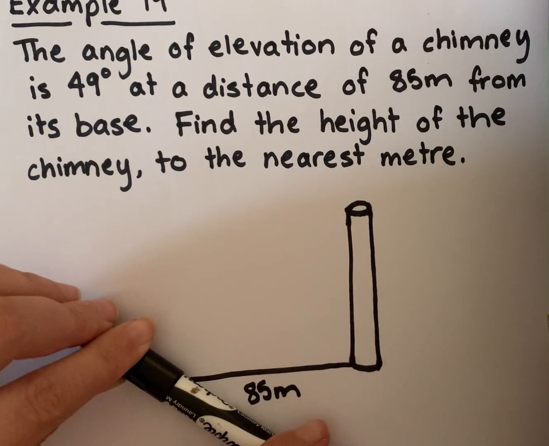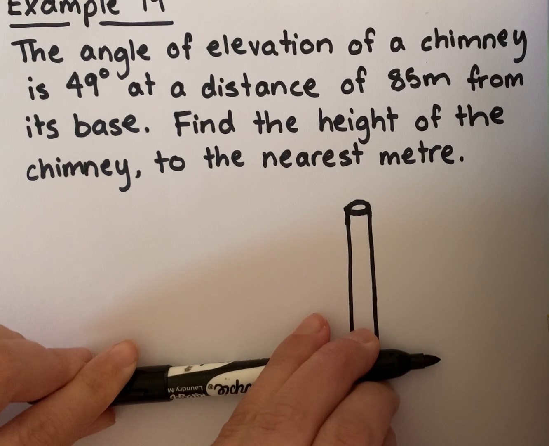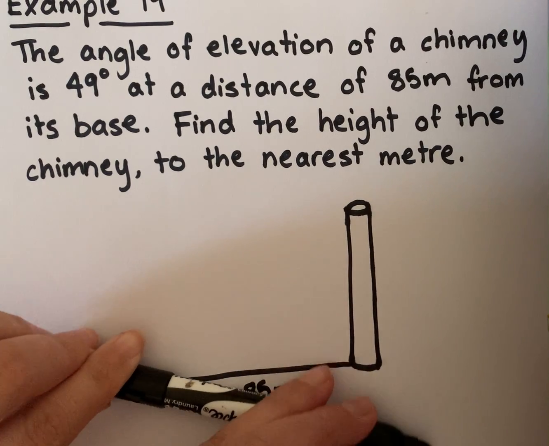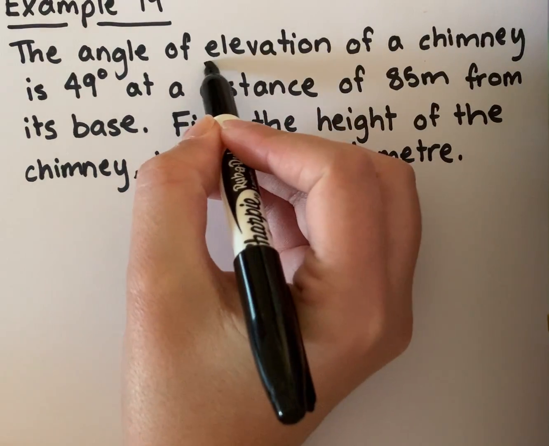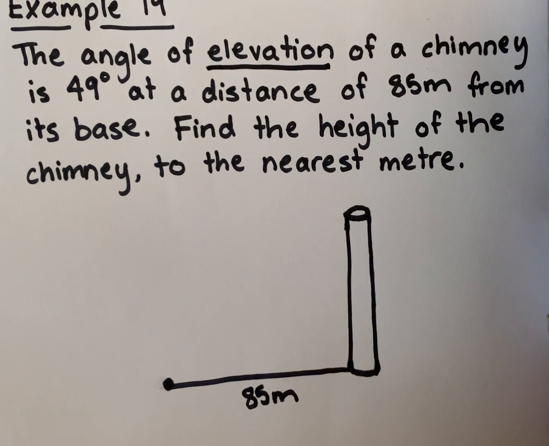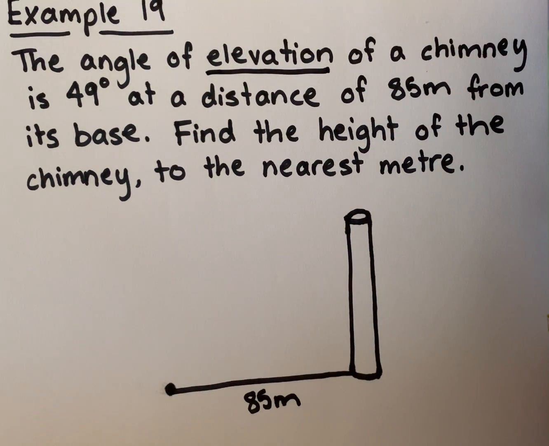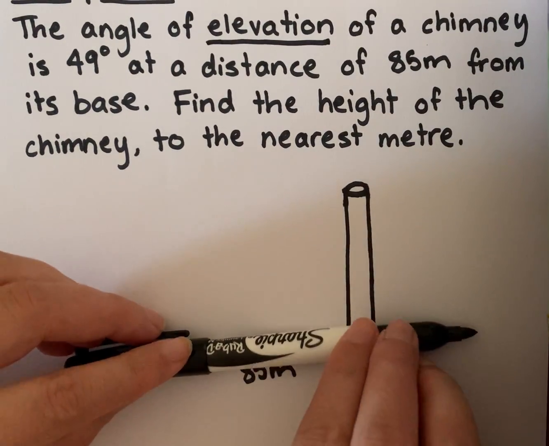And from that line, we're going to go either up or down, depending on whether or not it's an angle of elevation or an angle of depression. So in this case, it's an angle of elevation, and to elevate something is to raise it up. Depression means that it's going to be going down. So because it's an angle of elevation, we're going up from the horizontal.